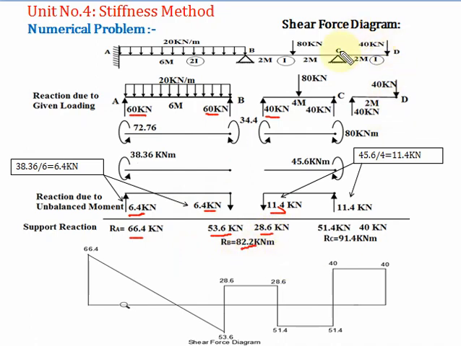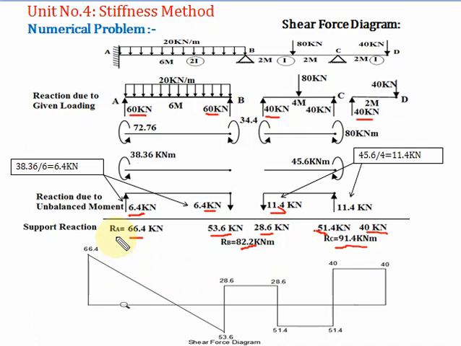Okay, now at support C, the 40 kilonewton acting upward and 11.4 acting upward. So what will we get? 51.4. Okay, now here what is the reaction? 40, it is acting upward. So the total reaction at C will be what? 51.4 plus 40, it is 91.4.